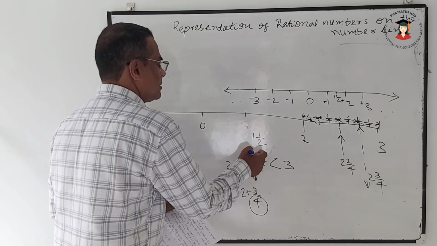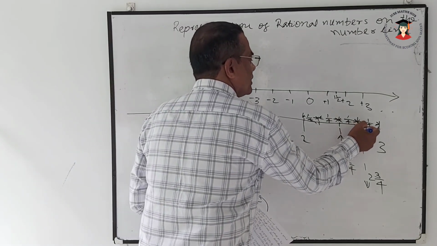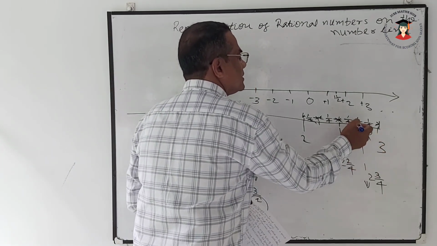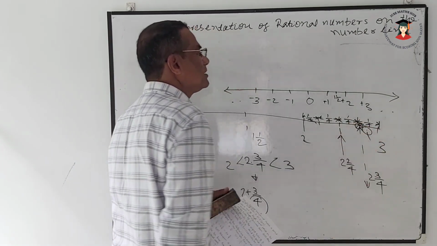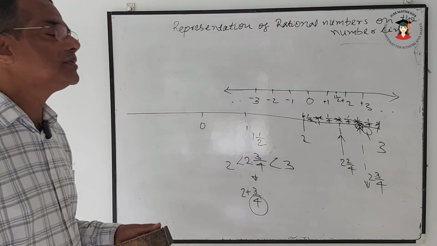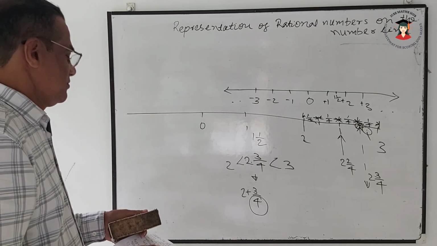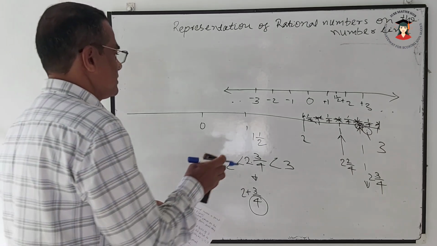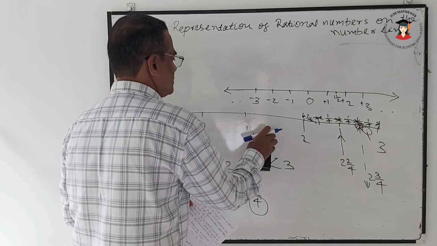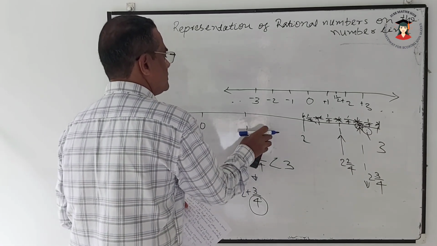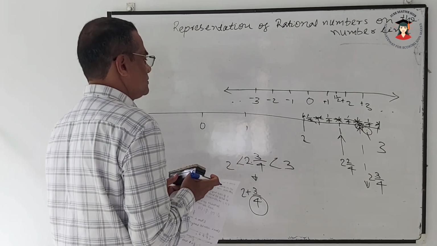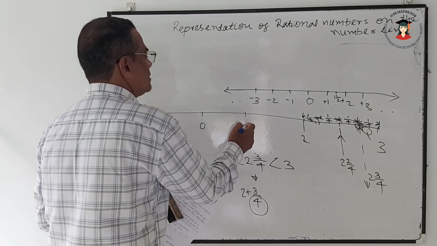So this point Q will represent 2 and 3/4. Any number we can locate like that. This is 1.